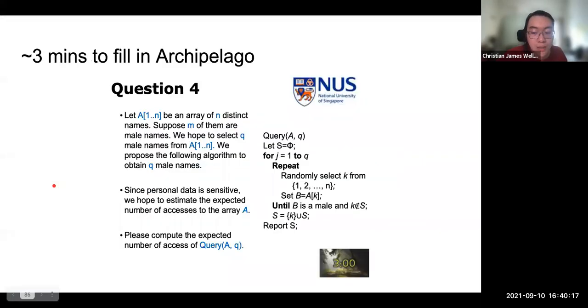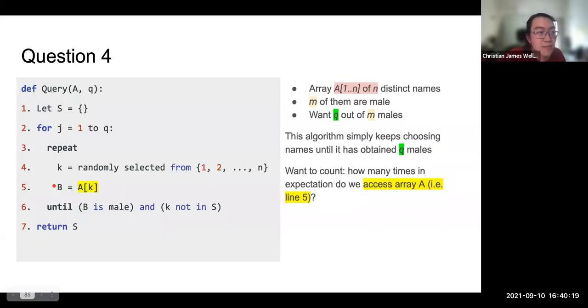Does this question make sense? If it's not making sense, let me know and I'll repeat it. Imagine you have a class of 30 people, 10 of you are males. I want to keep trying until I get 7 out of the 10 males.